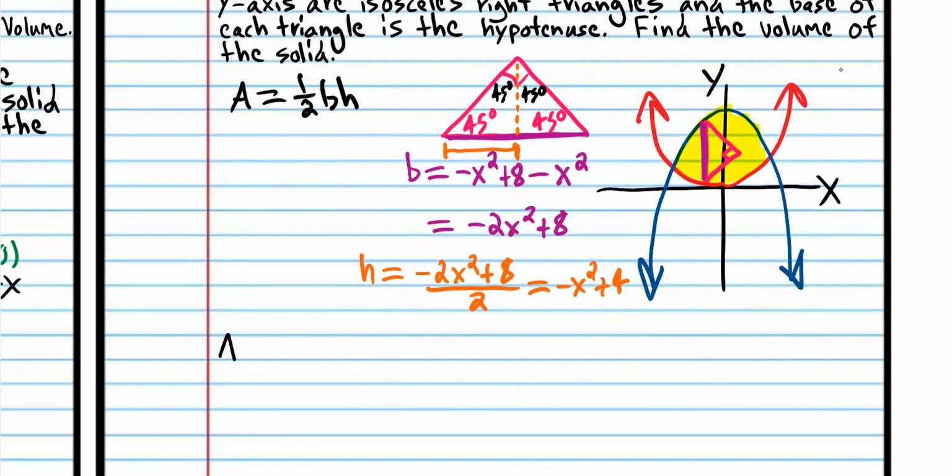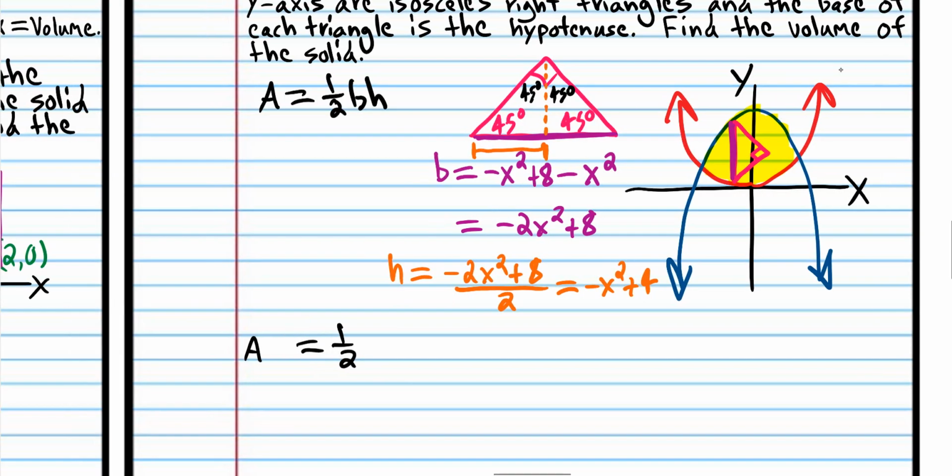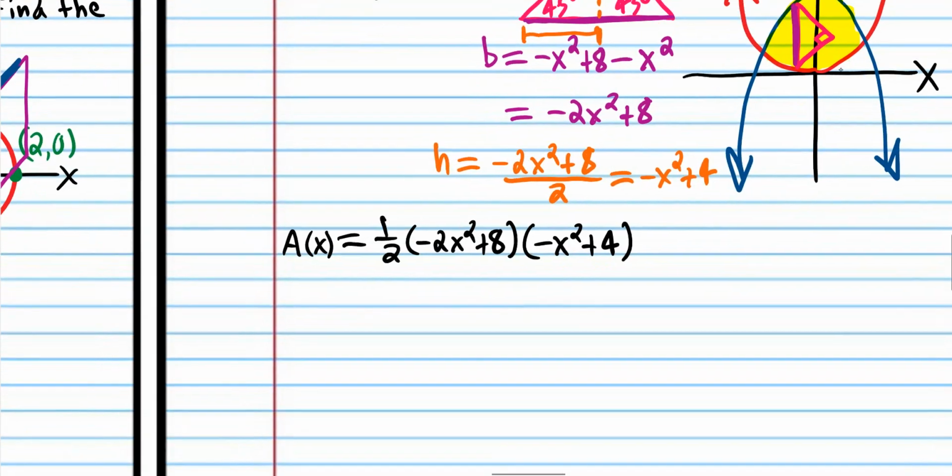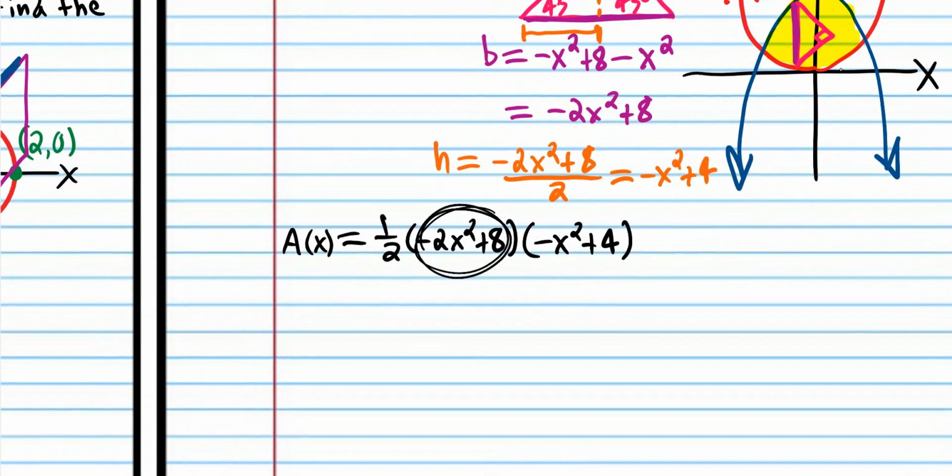So the area of the triangle, and this is the area in terms of x, is 1/2 times the base times the height. Okay, and now we can factor out a 2 out of here.